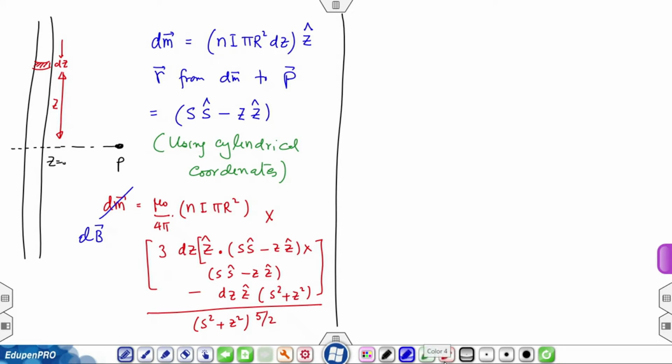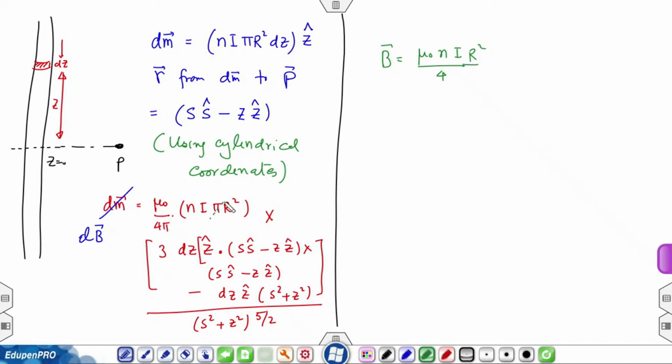All I have to do now is integrate it. So, I can write B as mu 0 n I over 4 r square.